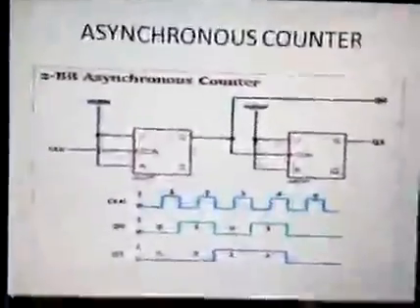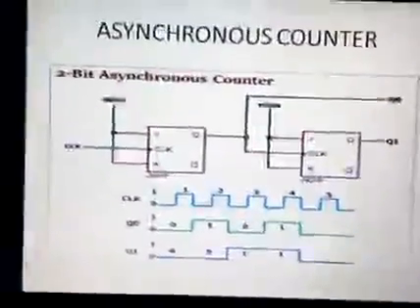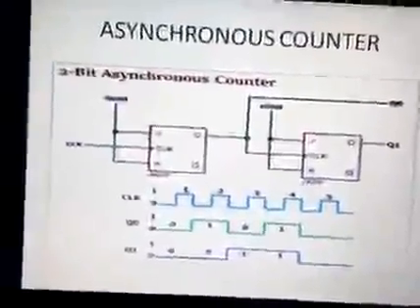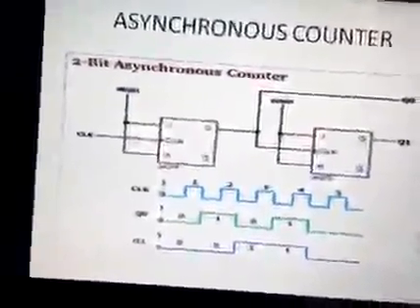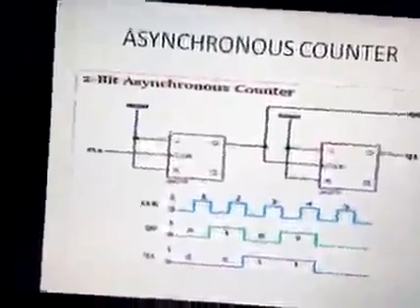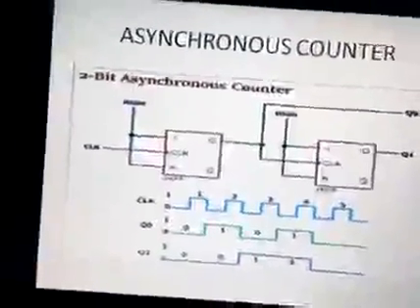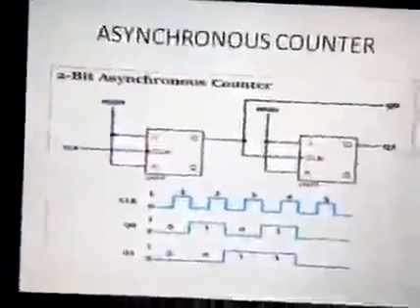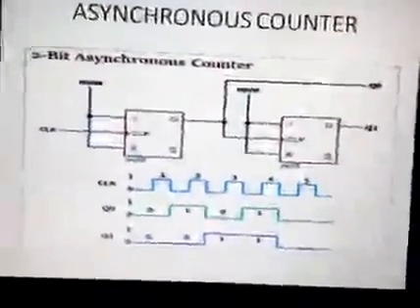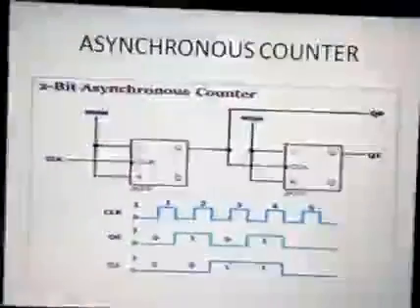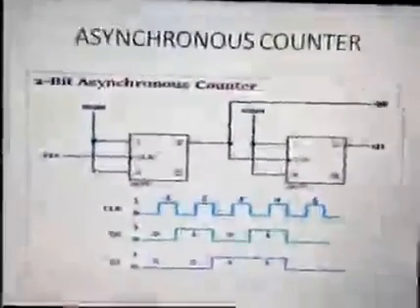When the previous output is 1 and the next output is 0, it means toggling. Toggling means changing the state, high to low and low to high, 0 to 1 and 1 to 0. So there are two basic operations, hold and toggle, performed with the help of the data input.